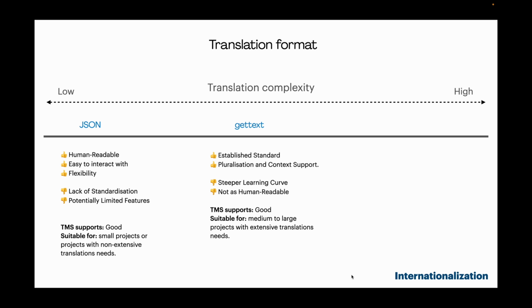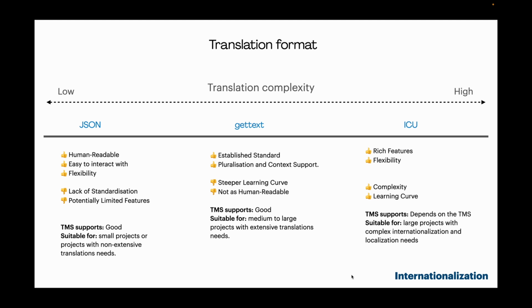GetText supports essential features like pluralization and context, making it suitable for a wide range of translation needs. However, GetText may have a steeper learning curve if you're not already familiar with it. GetText files are not as human-readable as JSON files, which makes translation management slightly more challenging.